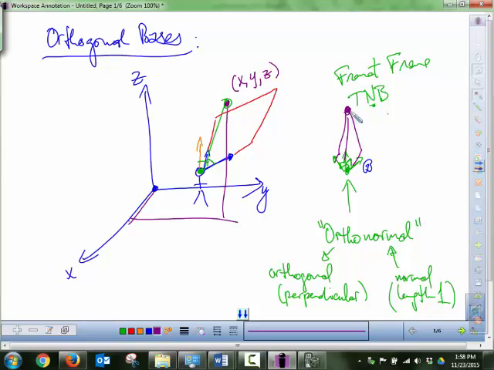Then you're going to have new components for that. So I'll call it X prime, Y prime, Z prime is going to be the new components, and then this is exactly this XYZ, except you're using your own basis vectors.